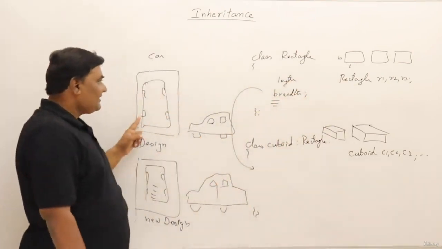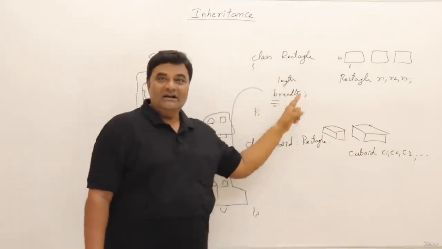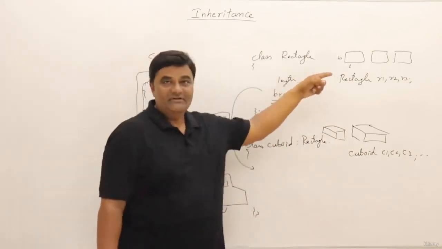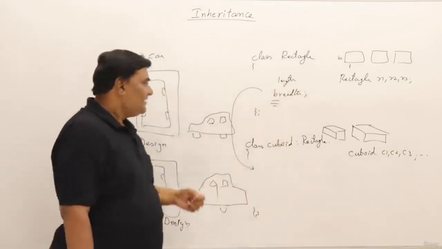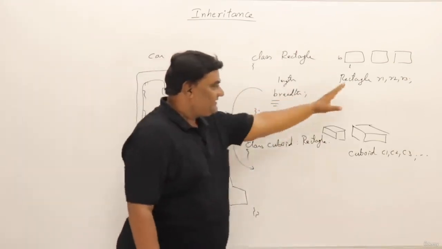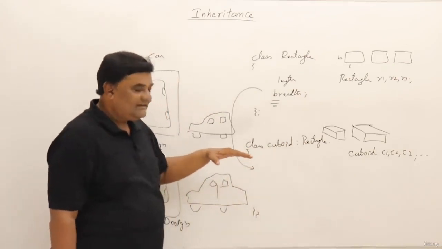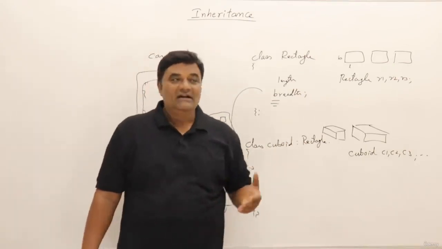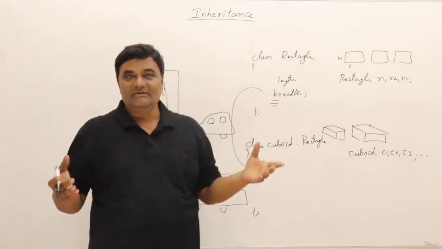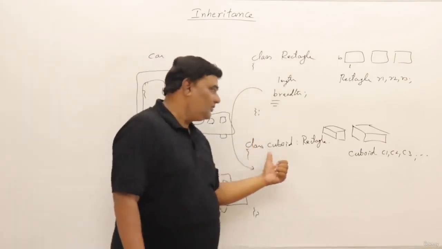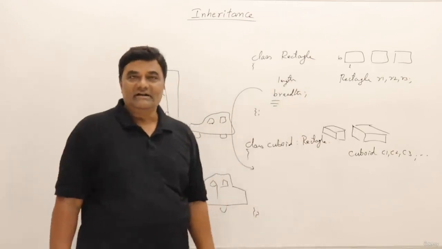This is the design with the company, a class with the programmer. This is the running program which will create objects. This is written by a programmer, so from this, objects are created. Now I want another class, that is cuboid, which I feel should extend rectangle. To a rectangle, if I give a height, it becomes a cuboid. So I am saying that cuboid will inherit from rectangle.